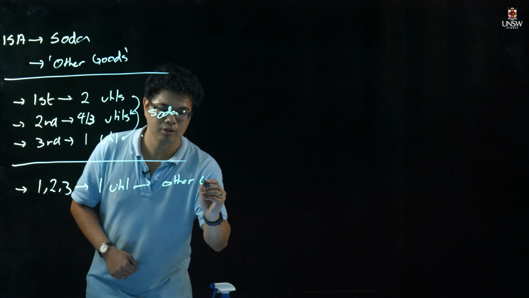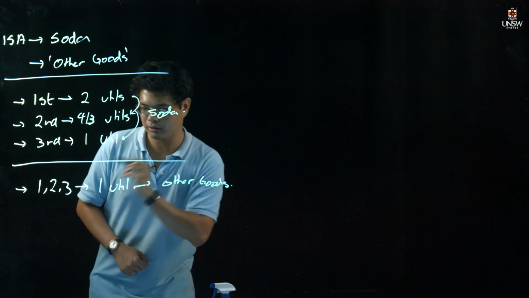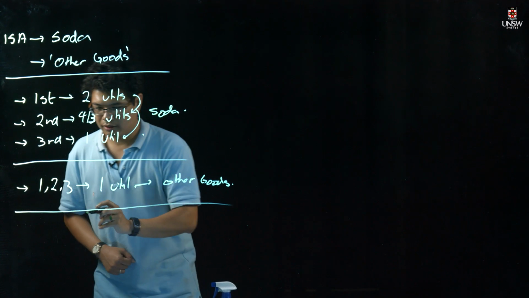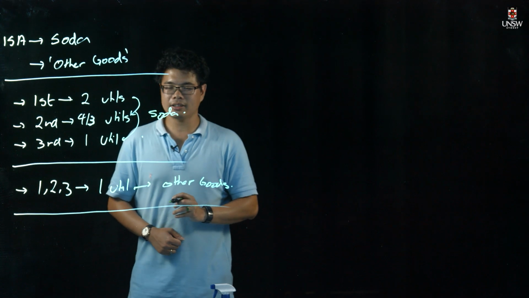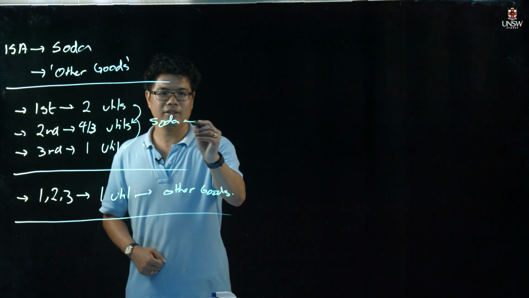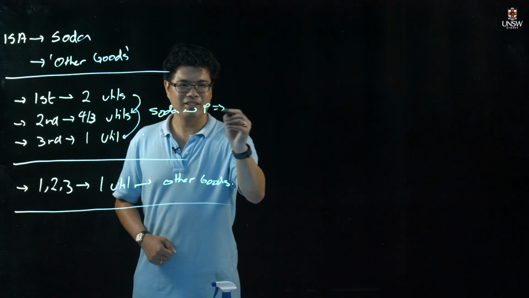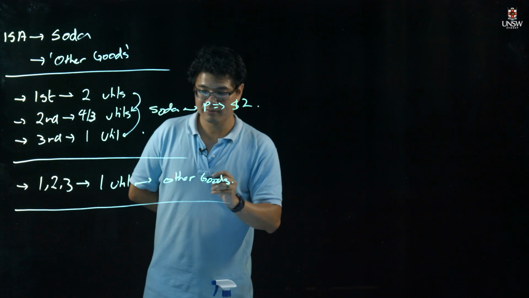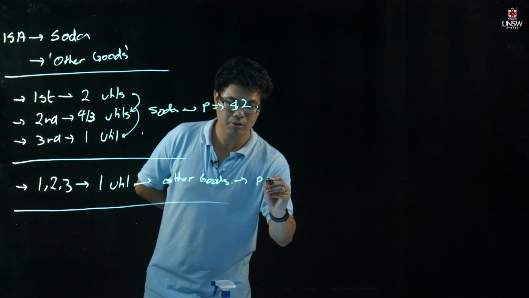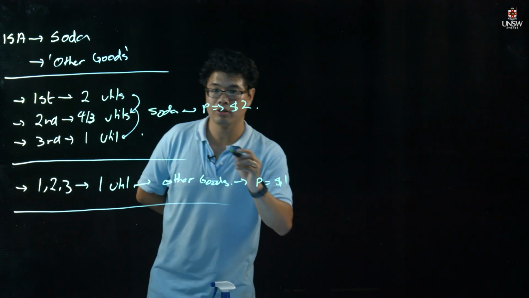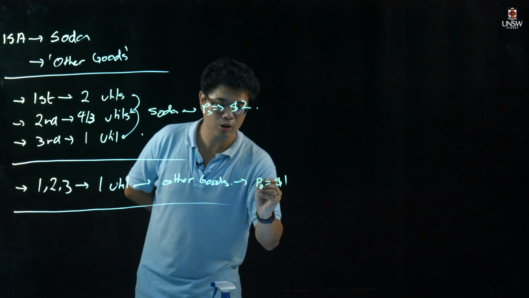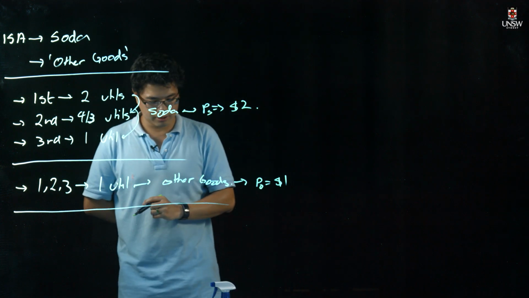Of course, there are prices attached to these things. Nothing is free on this planet. The price here is, let's say, $2 per can. And for the other goods, the price is equal to $1. So let's call this P of S for soda and P of O for other goods.